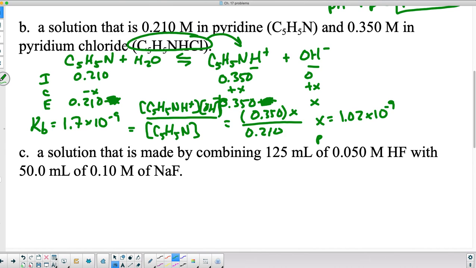So pOH equals the negative log of the hydroxide. Sorry, it's getting wavy. The pOH is 8.99. So we simply take 14 minus that, which means the pH is equal to 5.01.